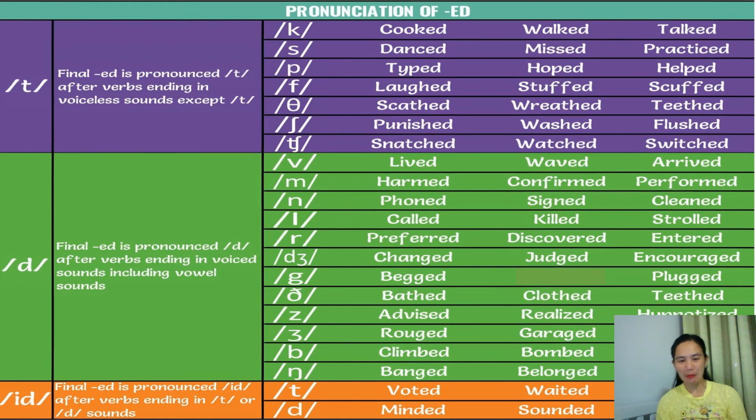We are now in the summary of pronunciation of ed. Final ed is pronounced t after verbs ending in voiceless sounds. K: cooked, walked, talked. S: danced, missed, practiced. P: typed, hoped, helped.